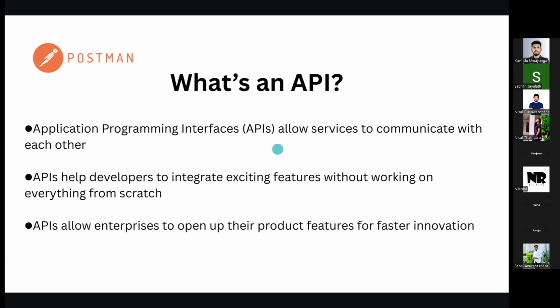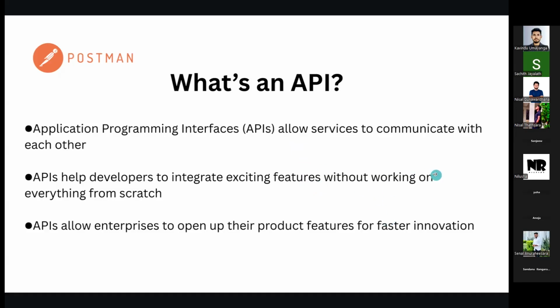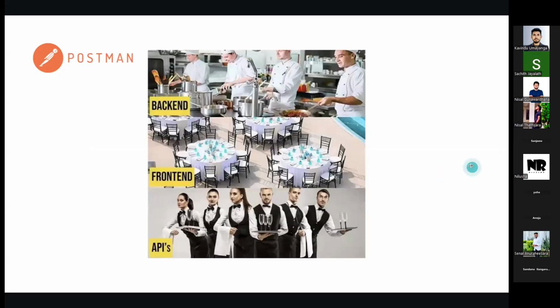And again, APIs allow enterprises to open up their product features for faster innovation, right? So I think you now have an idea about what an API is and how it works, right? Here you can see the same example as the meme.